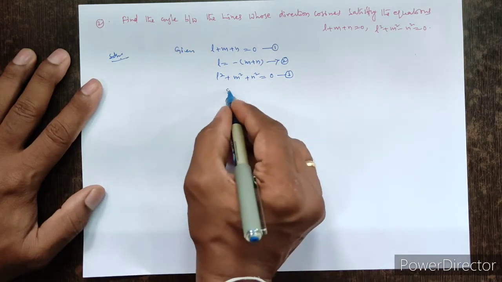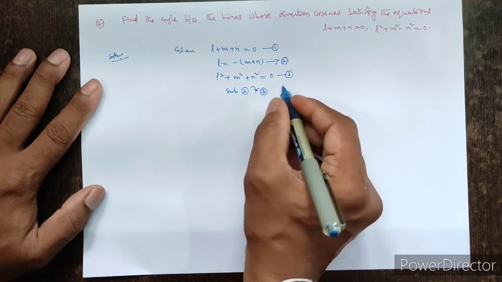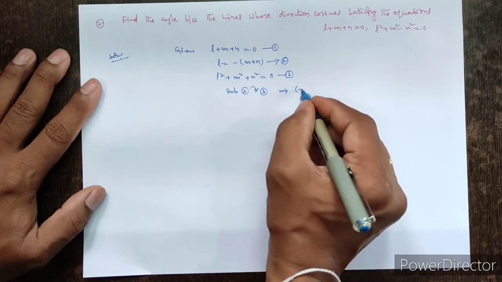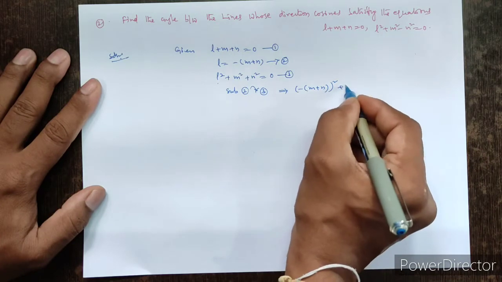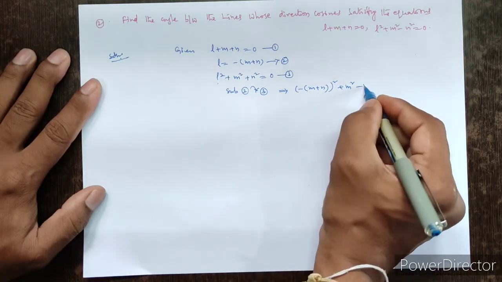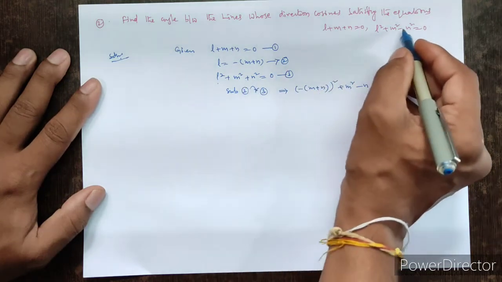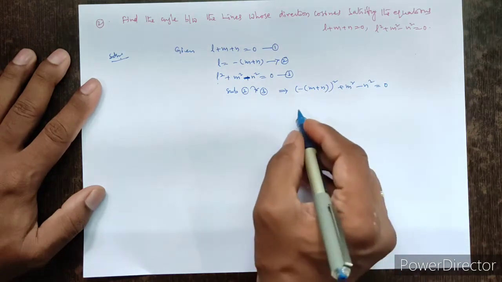Substituting the L value, that is equation 2, in 3, we get minus of (m plus n) whole square plus m square minus n square equal to 0.